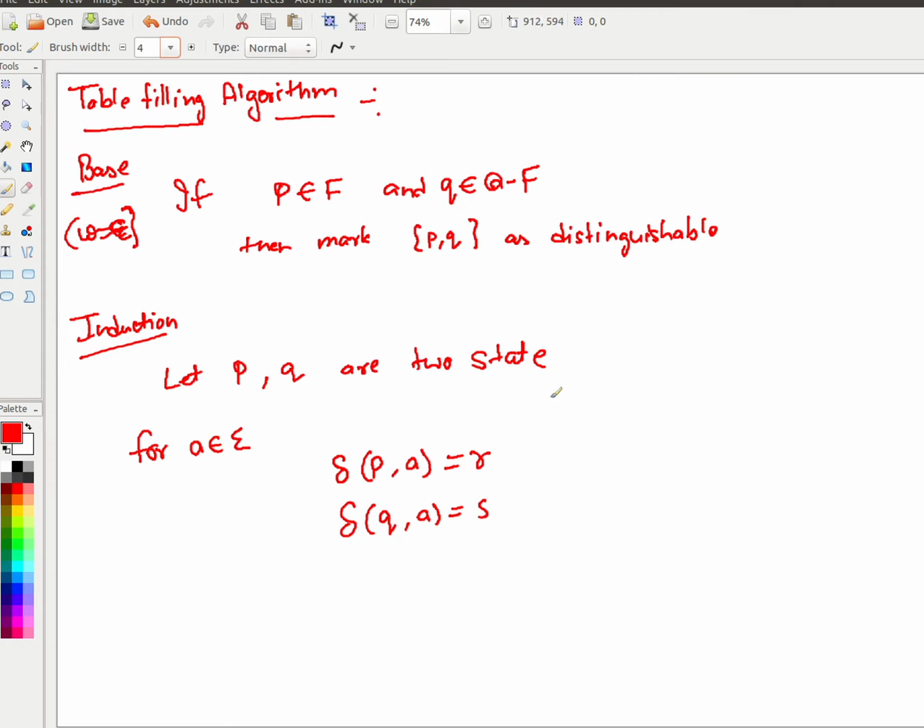So let P and Q be two states, and for some symbol this is what is happening.